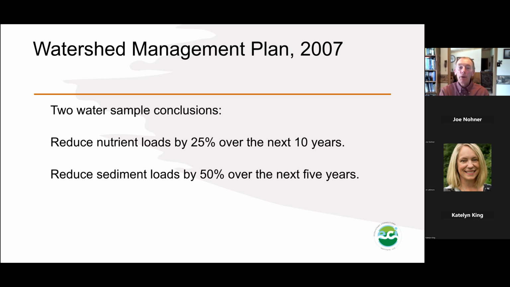What do you compare to, to even know if you've come close to 25%, if you don't know what the external loads coming in are to begin with? My takeaway from these reports, and every one I've ever looked at, is that there's this huge gap in understanding and knowledge based on data that helps us explain what's happening to the lake holistically, and to make a claim like this, to have sort of an ecological line in the sand that allows us to have these target values and know if we're really making a difference.